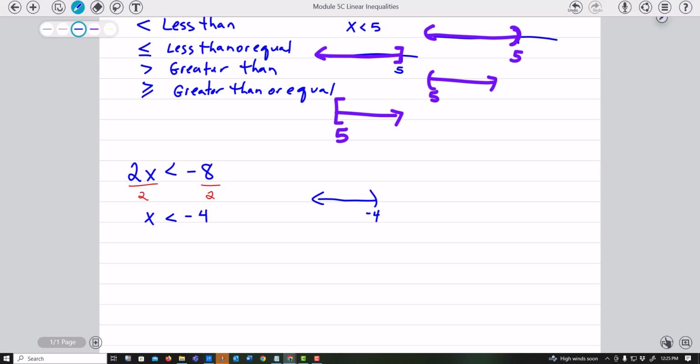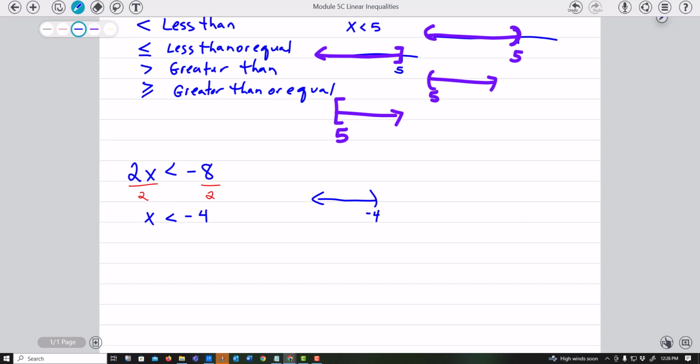The only time that it gets weird is if you multiply or divide by a negative value, you have to flip the sign. That's the only time it gets weird.